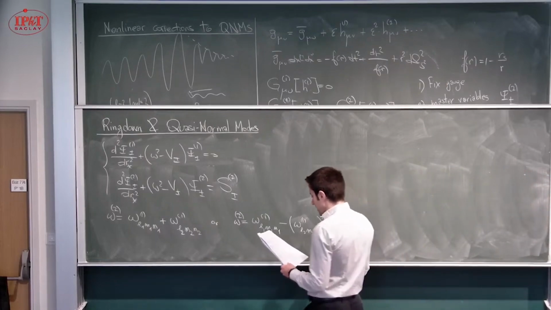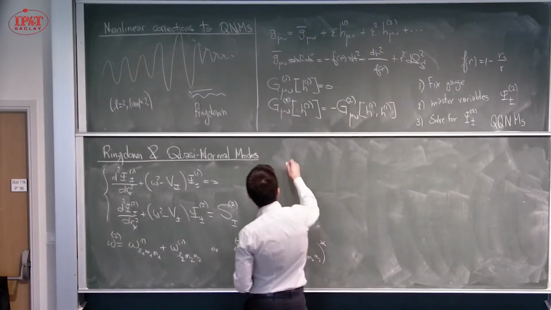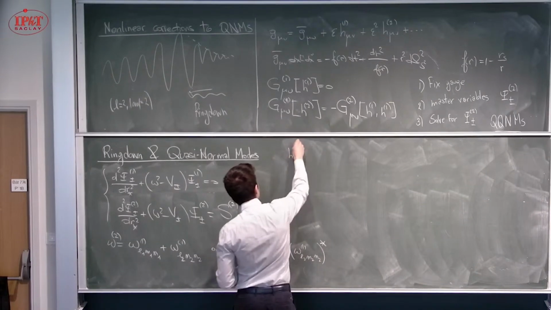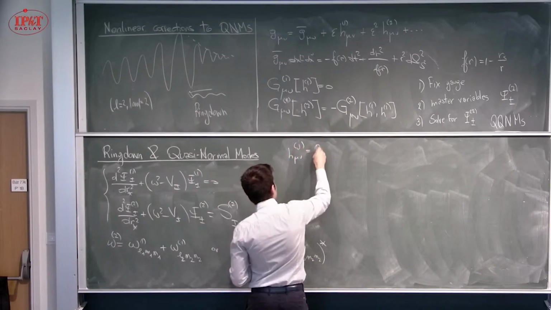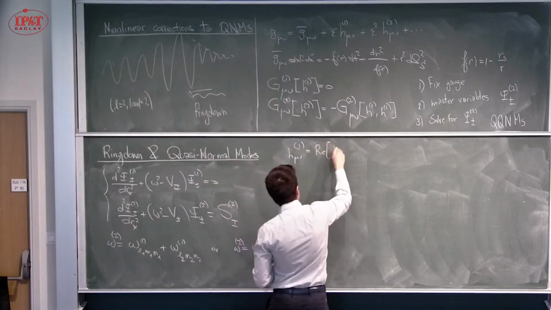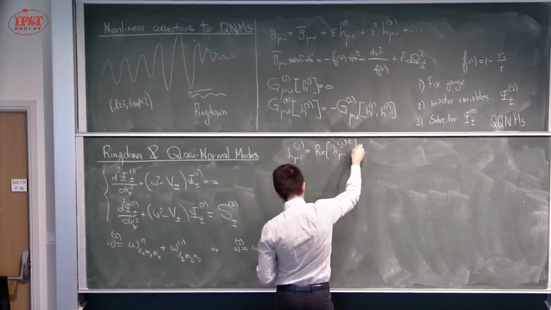And of course, this follows from the fact that at each order in perturbation theory, let's say at J order, the real field is just the real part of some field H_J, which is complex.